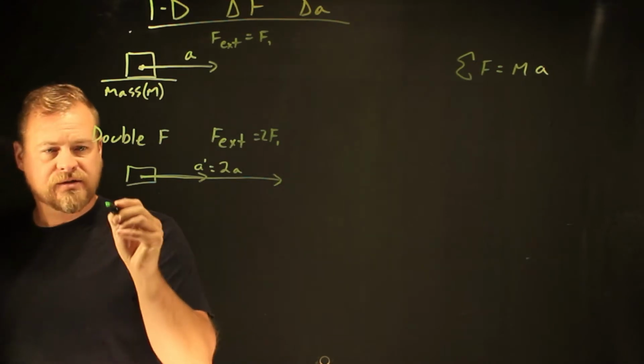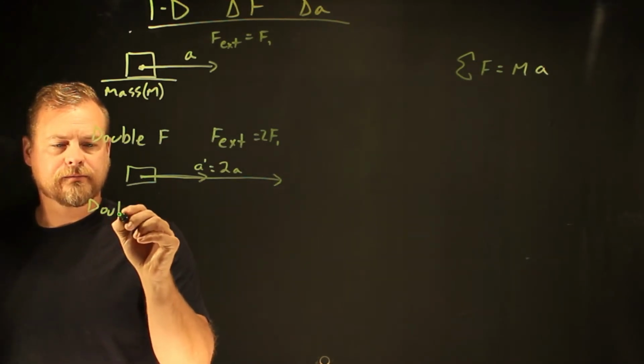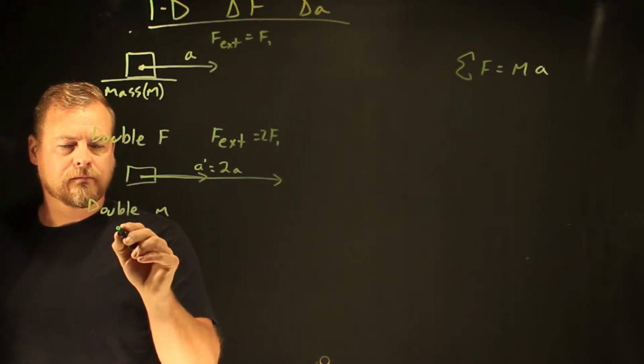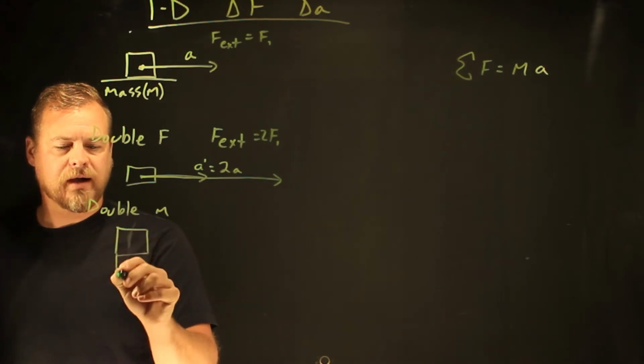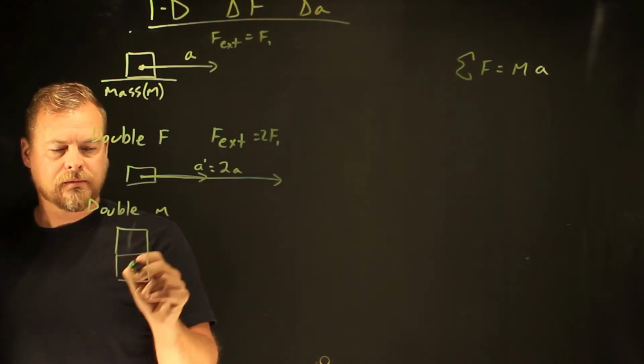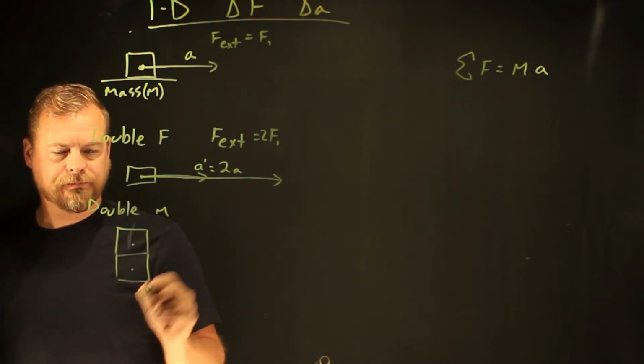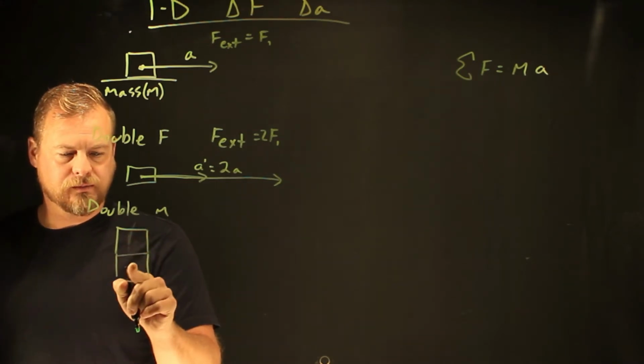If I double the mass, so now I've got two boxes set on top of each other. Well, really it should only be one center of mass.